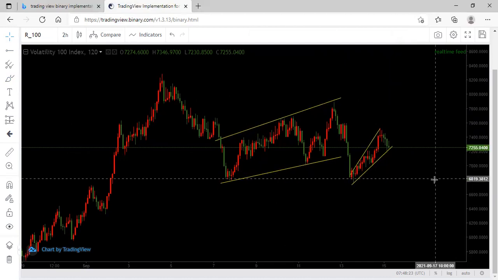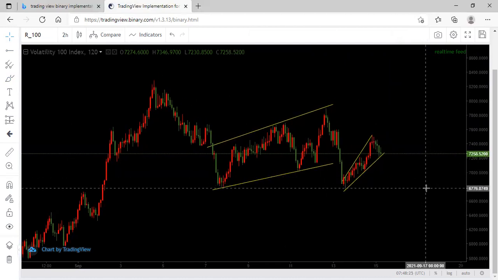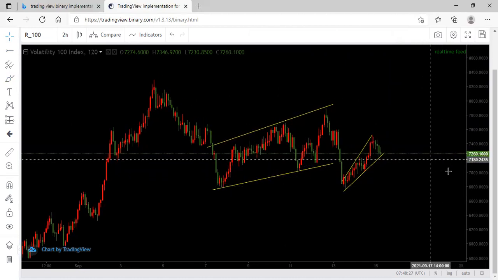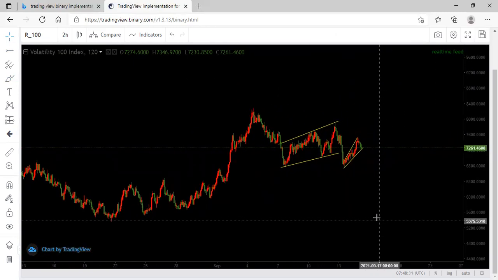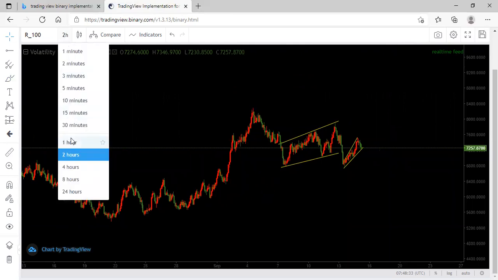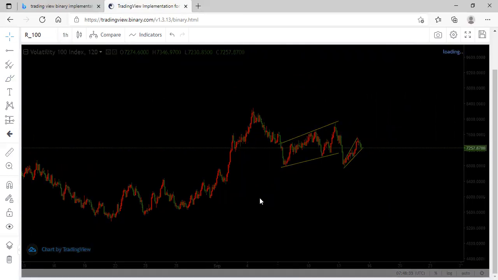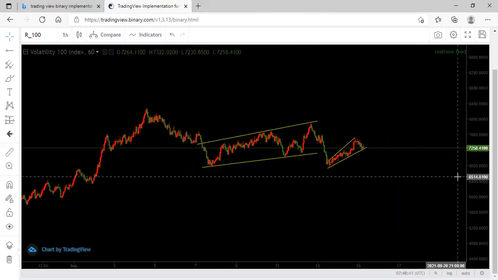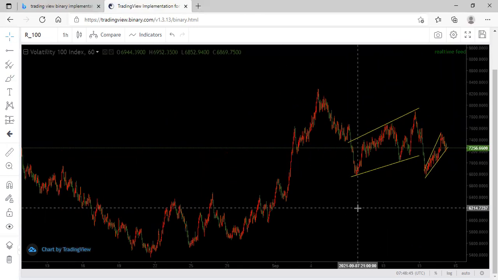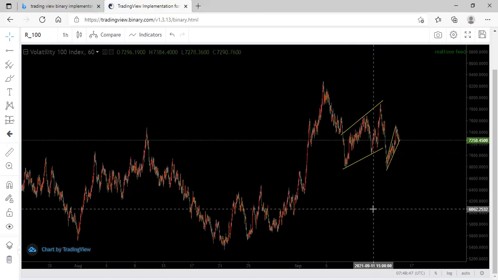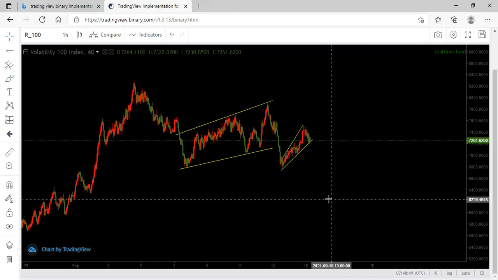Now, from this point, guys, we are together. What are we going to do next, guys? We are going to the 1 hour time frame. Make sure, guys, you're understanding this kind of price action. What are we going to do here, guys? You have to zoom it in and out.